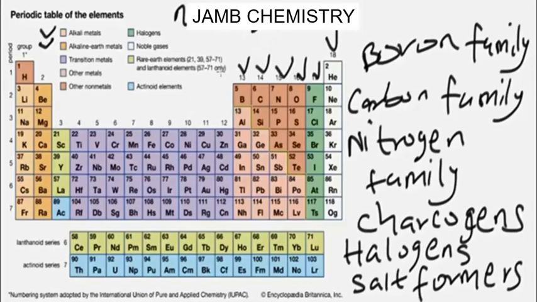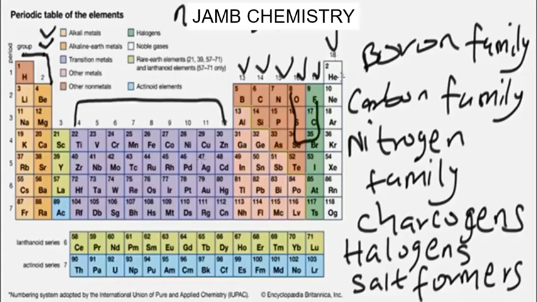So having known this basic information about the periodic table, the next thing you have to note is that in this periodic table, elements in group 1 and group 2 are mostly metals, including these transition metals in this color. Whereas elements in group 6 and group 7 are mostly non-metals.